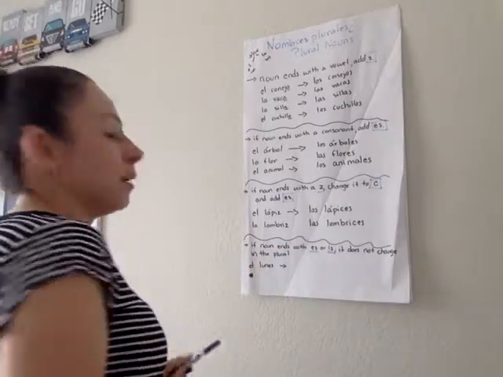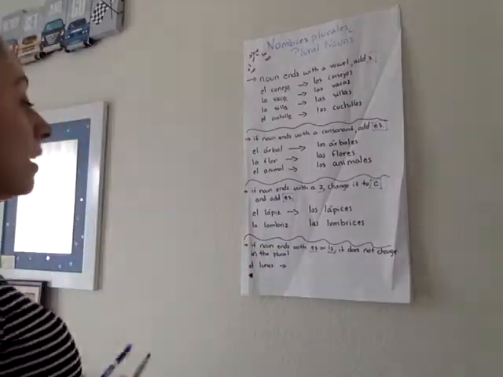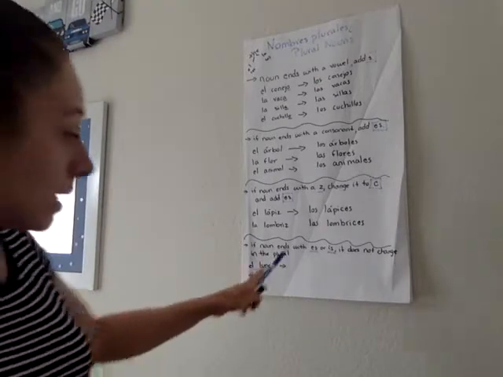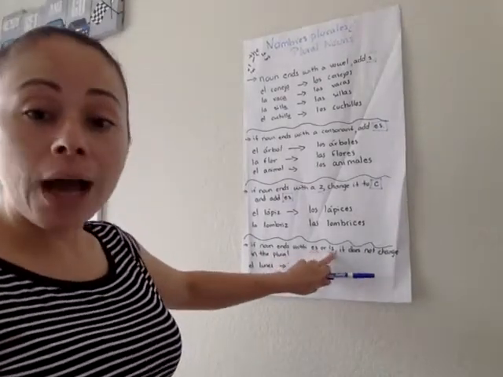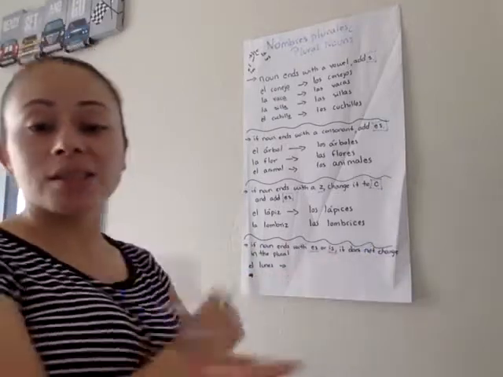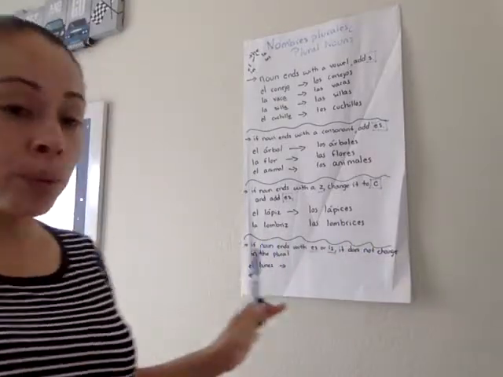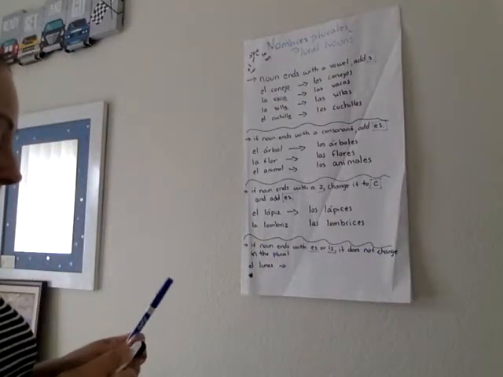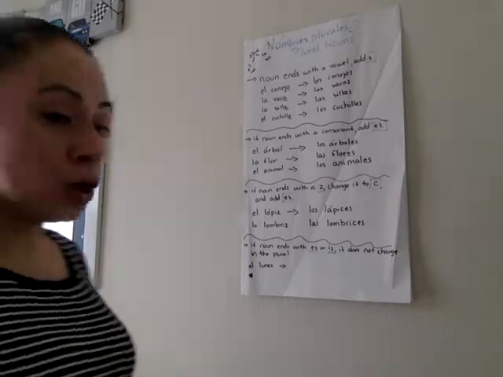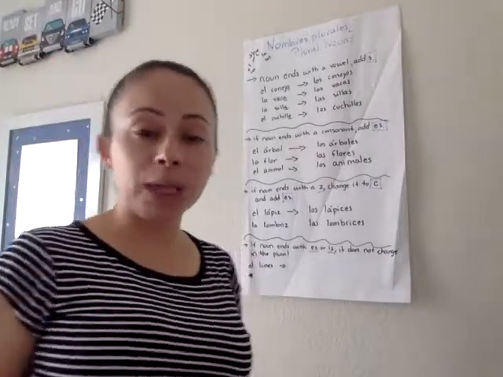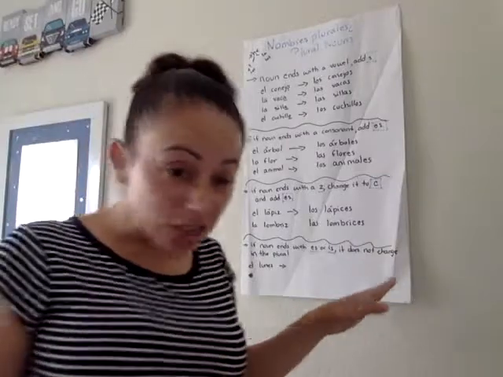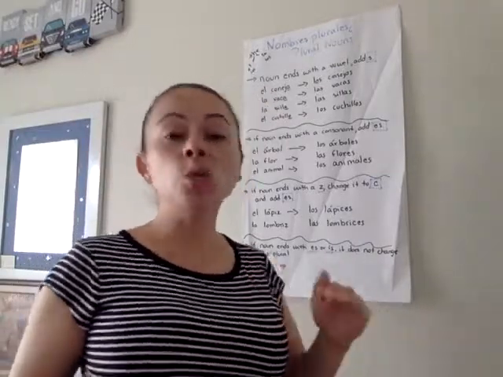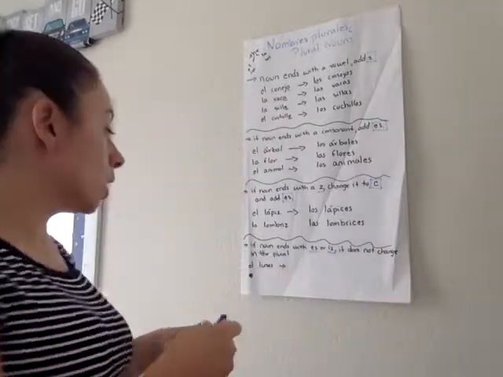Okay? Now, the last rule. If a noun ends with ES or IS, it does not change in the plural form. For example, lunes, day of the week. We don't change it. Lunes remains the same.